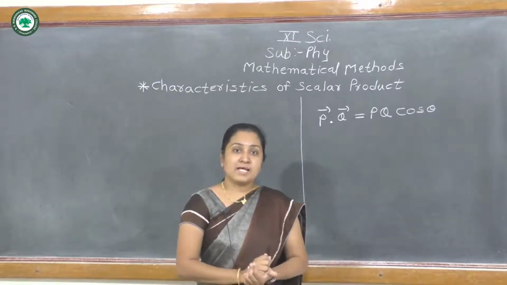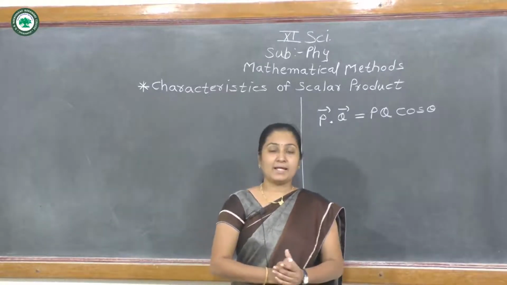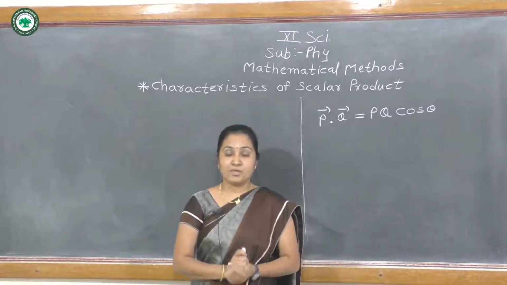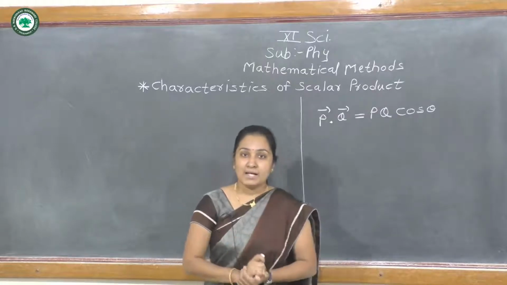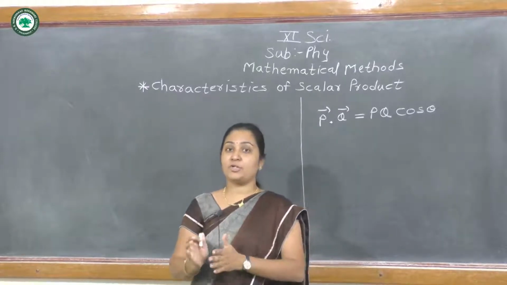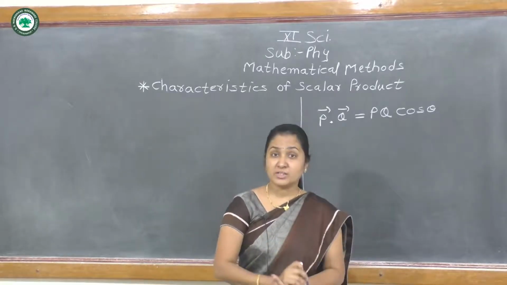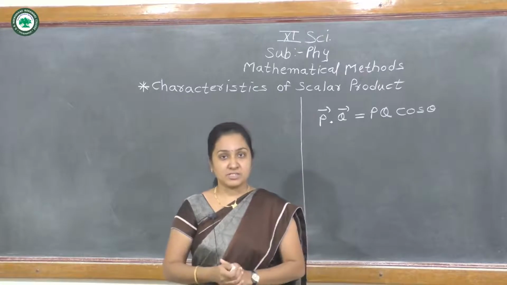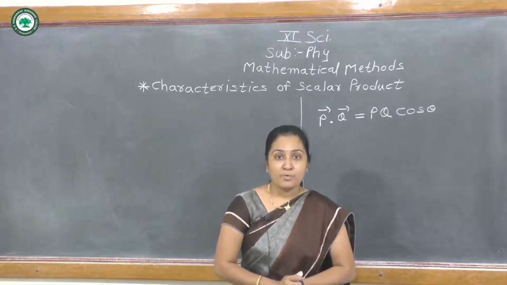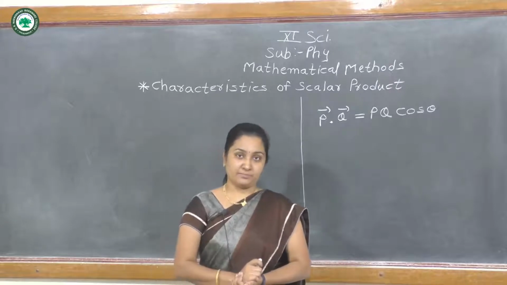Now in the last lecture we studied the characteristics of scalar product. We studied 4 characteristics. First, the scalar product is equivalent to the product of magnitude of one vector and component of the other vector in the direction of the first. Second, scalar product obeys the commutative law of vector multiplication.